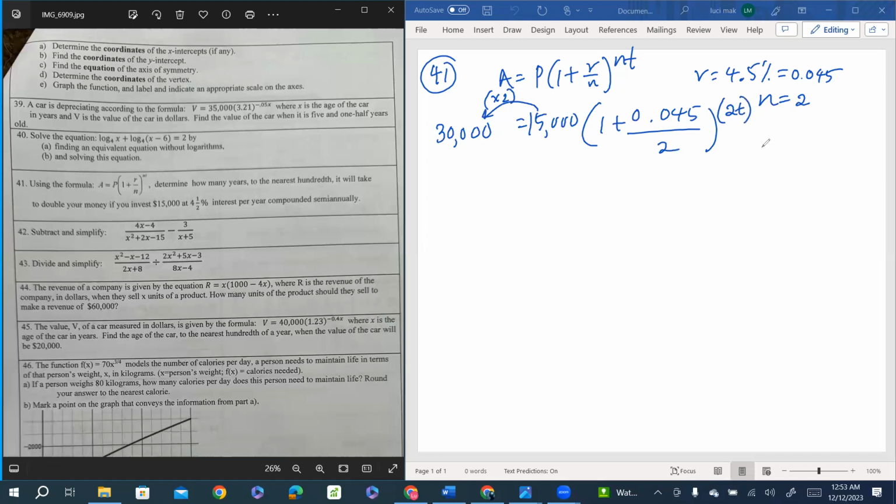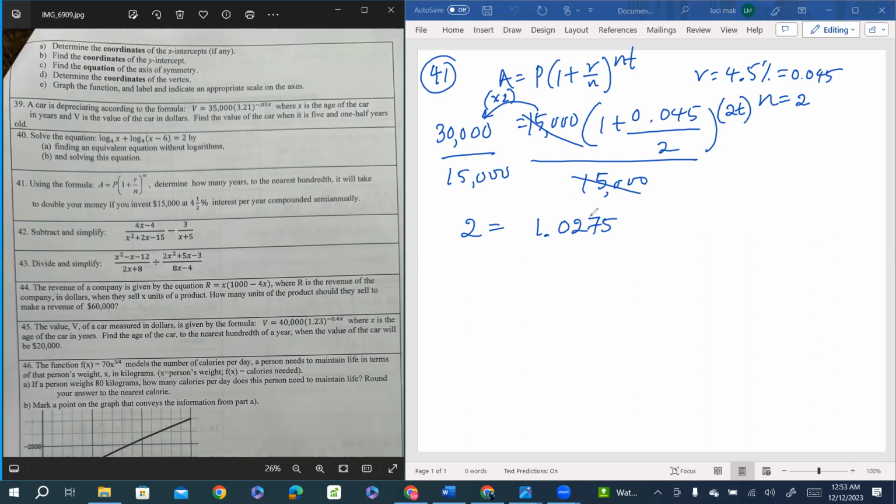Now we want to solve for t here. So first divide by 15,000 on both sides. So 15,000 cancels out. 30,000 divided by 15,000 is the 2, that's the doubling. And then you could simplify this: 1.0275, I believe. Is that 2?